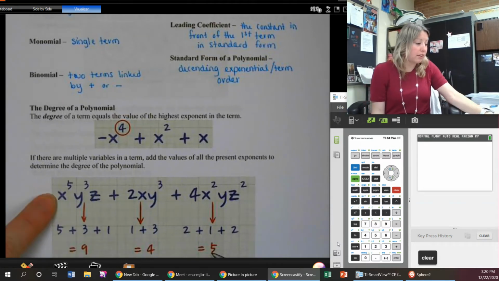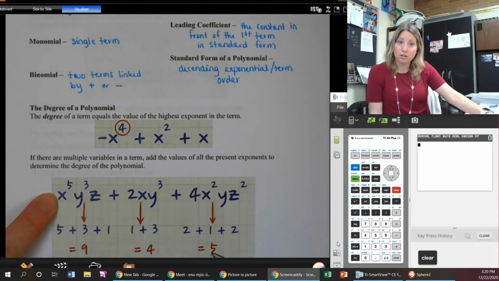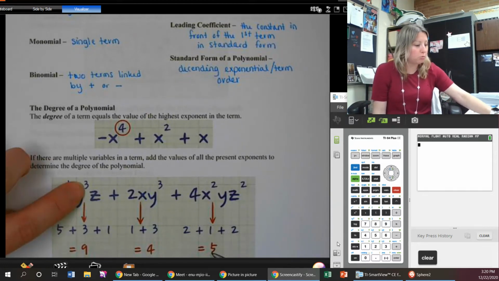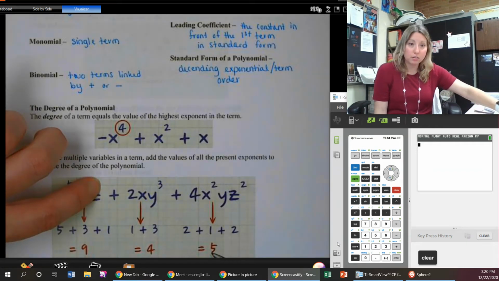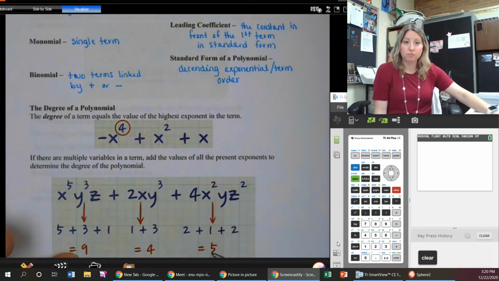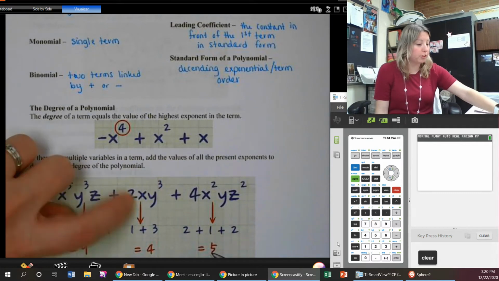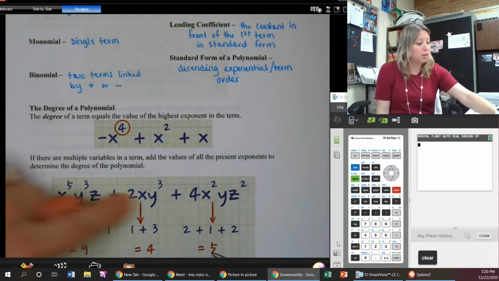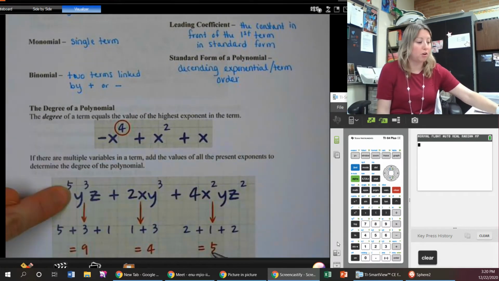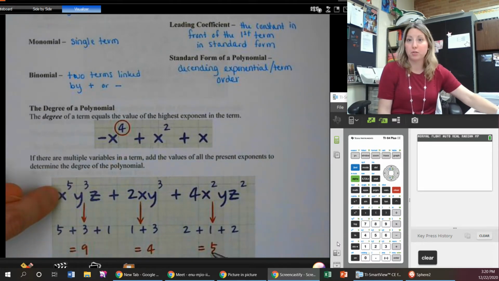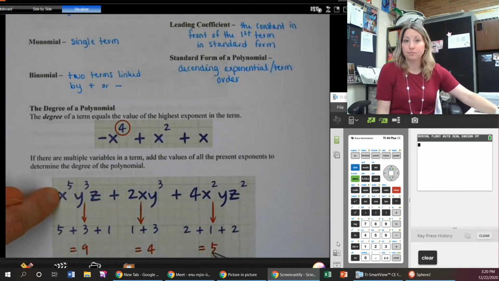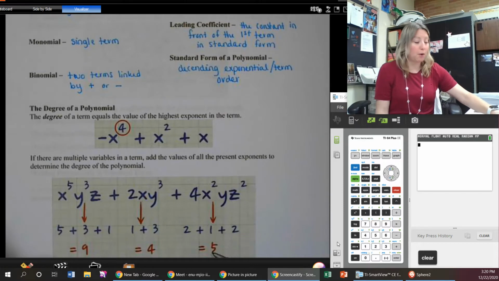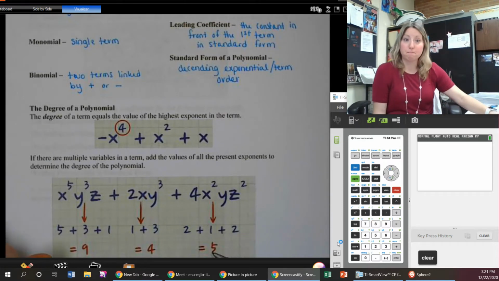This is a 9th degree polynomial, and it's a 9th degree term, and here's why: 5 plus 3 plus 1 is 9. This term is a 4th degree term, but the polynomial is still a 9th degree polynomial because the highest present term is 9. That would also be the first one because of that.